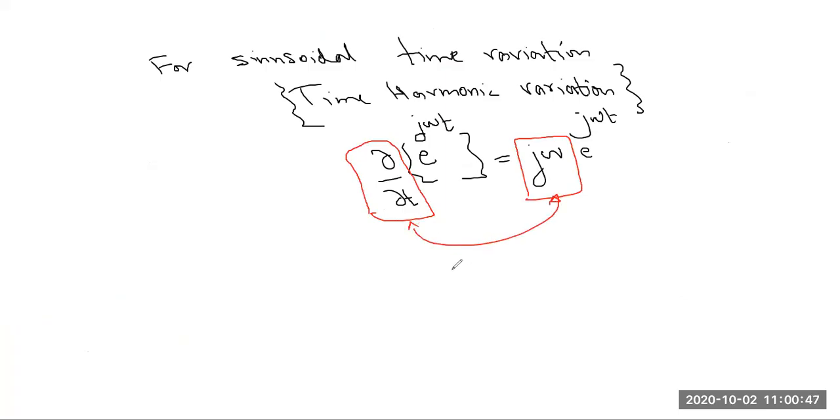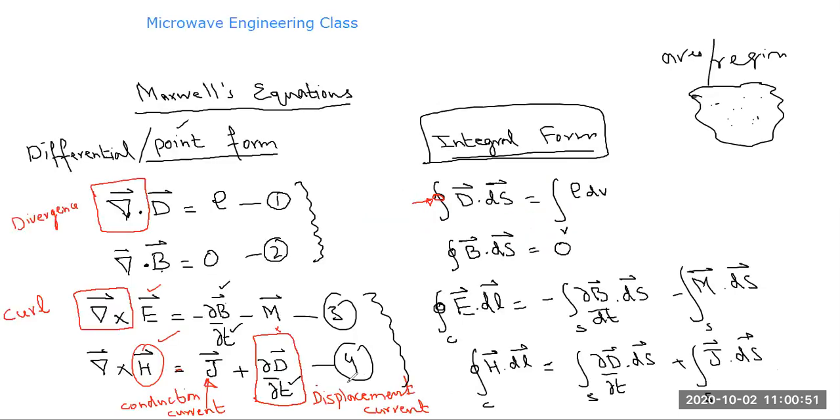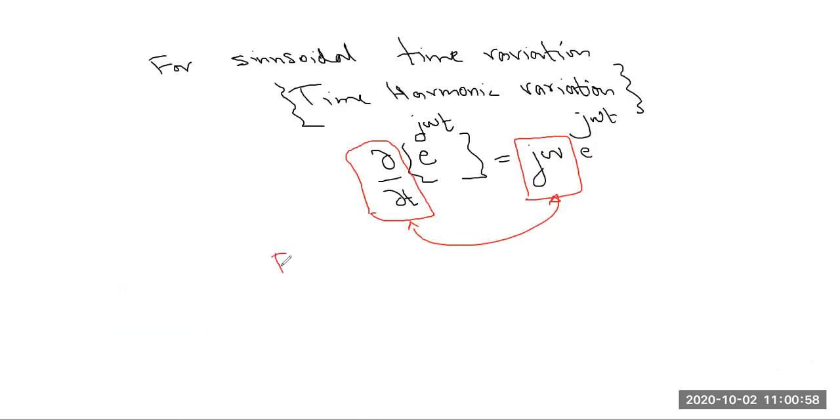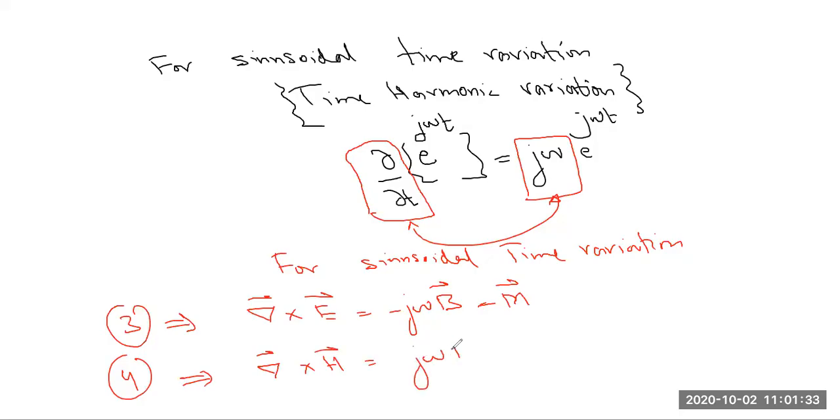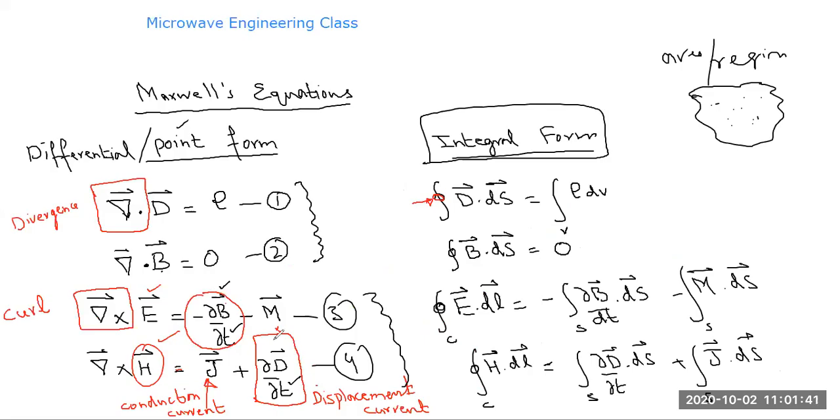So now for sinusoidal variation, equation 3 will become as shown, and equation 4 becomes curl of H is equal to j omega D plus J. What I have done is changed this part and this part.